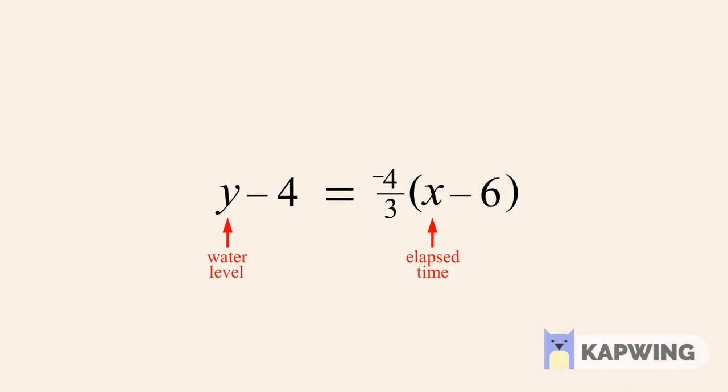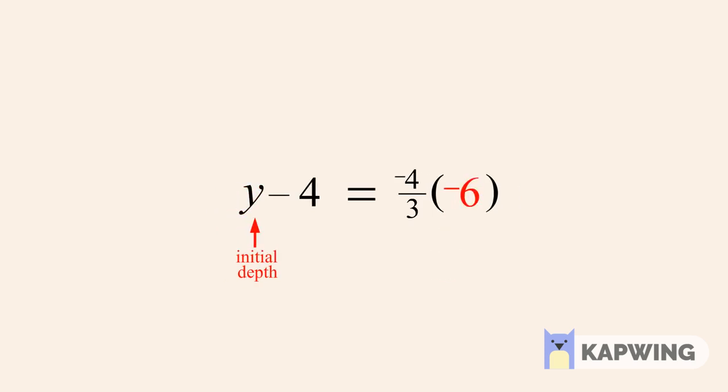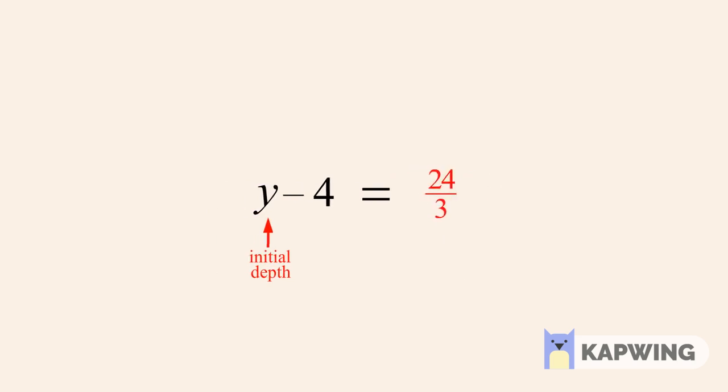For example, an elapsed time x of 0 corresponds to the time when the drain was first opened. If we set x to 0, then the resulting value of y will tell us the initial depth of the pool. Completing the arithmetic, 0 minus 6 is -6, and -4/3 times -6 is 24/3, or 8.